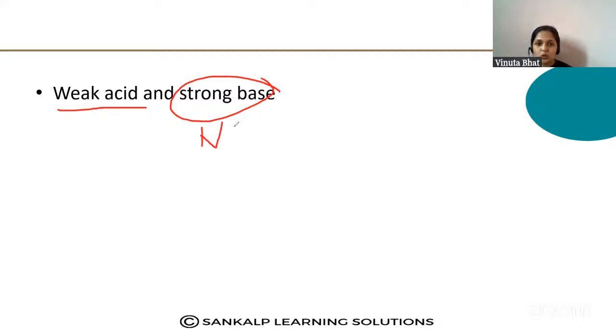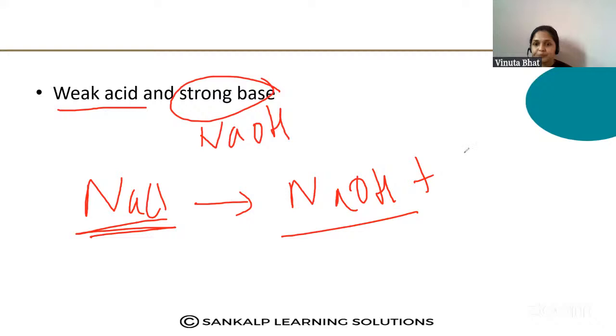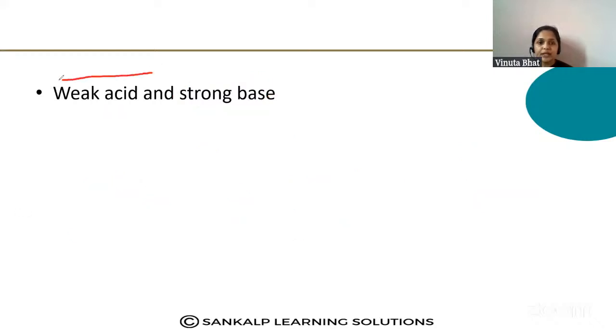The strong base is sodium hydroxide. Sodium chloride is a salt produced by sodium hydroxide plus HCl, a strong acid. So sodium carbonate is the product of weak acid and strong base.